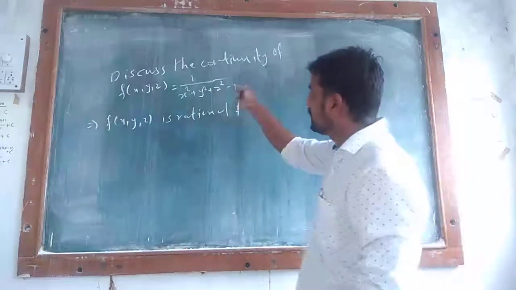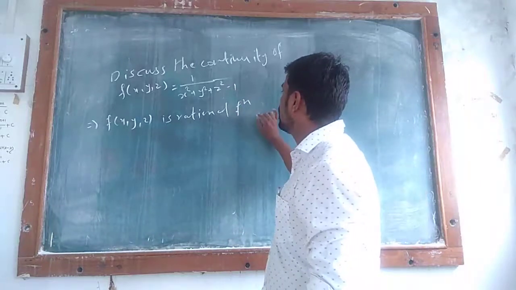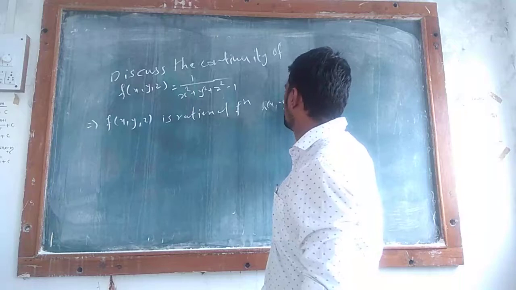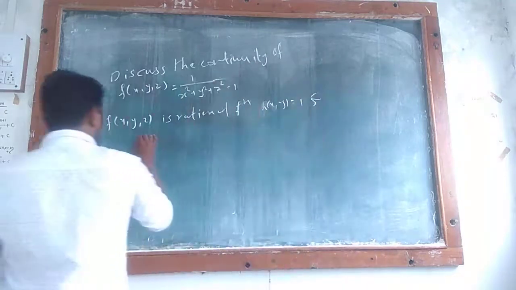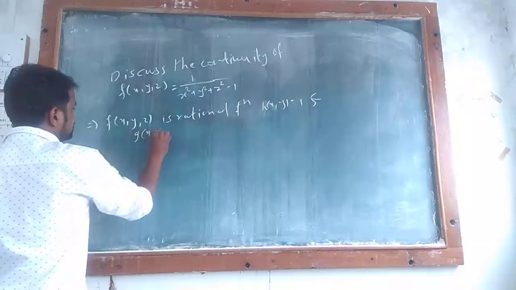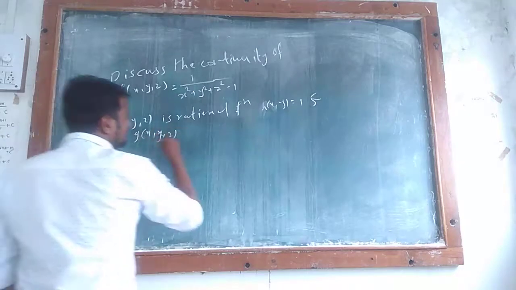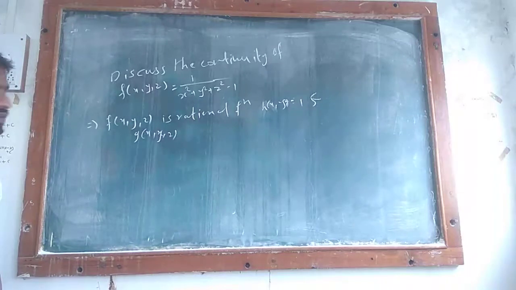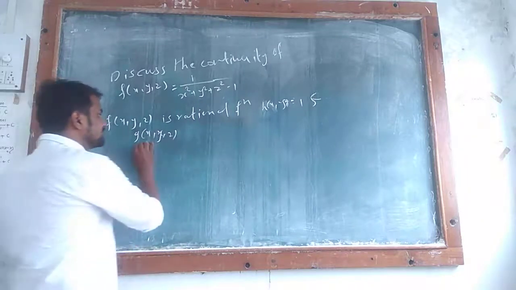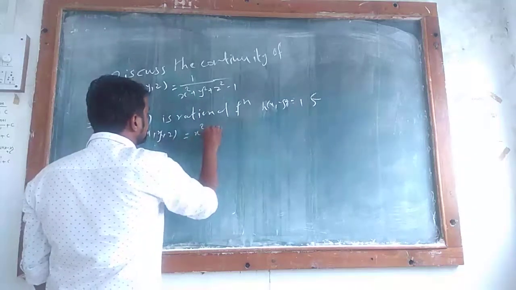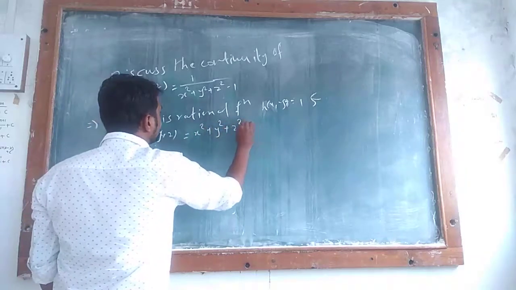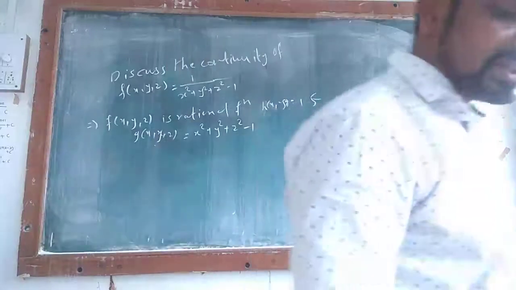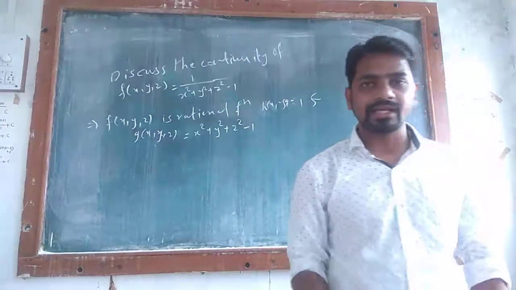That is, h of xyz is equal to 1, which is a constant, and a constant function is always continuous, and g of xyz is equal to x square plus y square plus z square minus 1, which is also a polynomial function, and a polynomial function is continuous at any point.